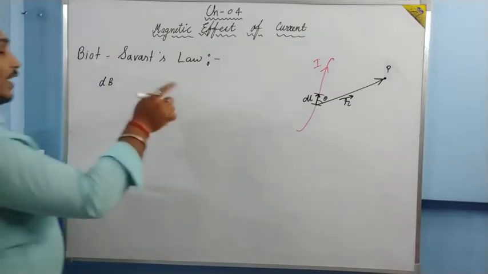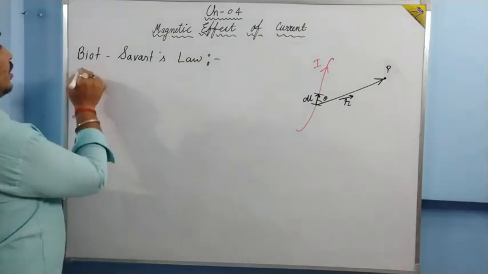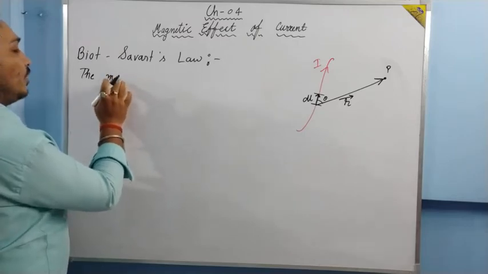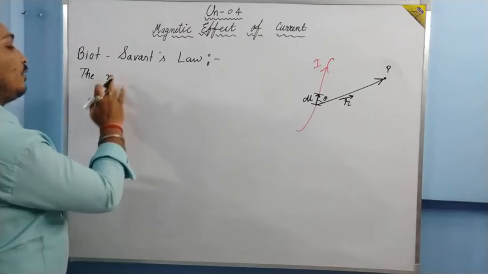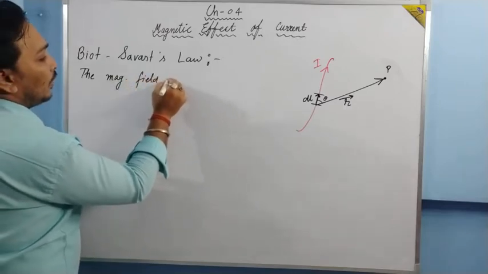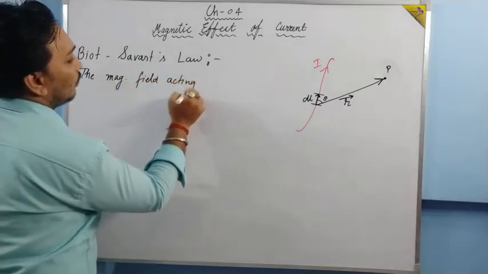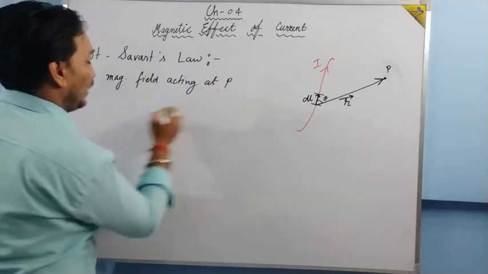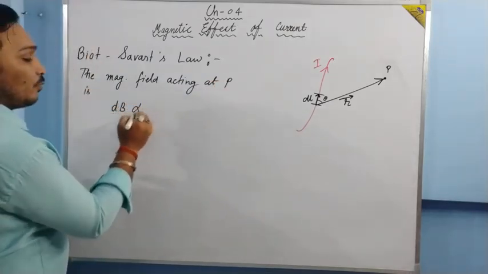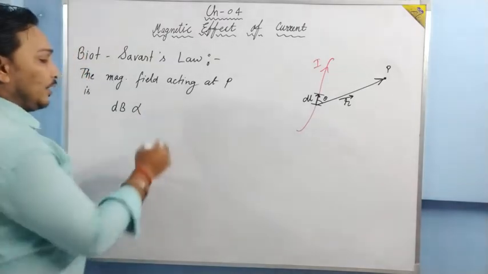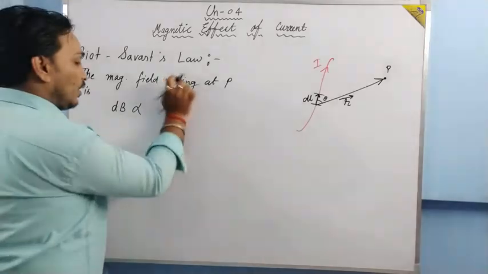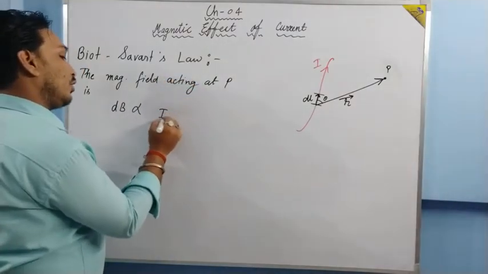So the magnetic field acting at P is dB, and it is proportional to current.